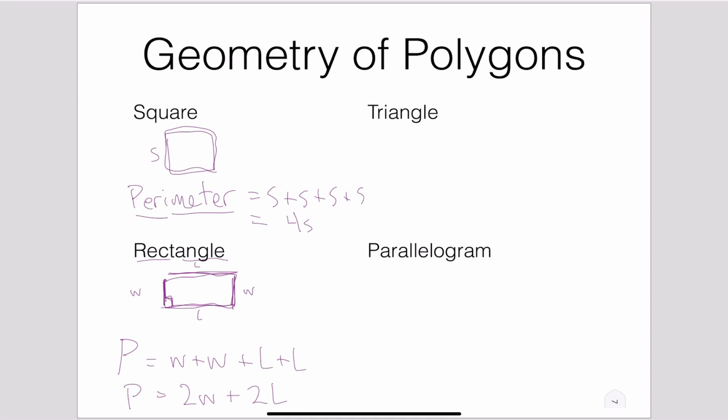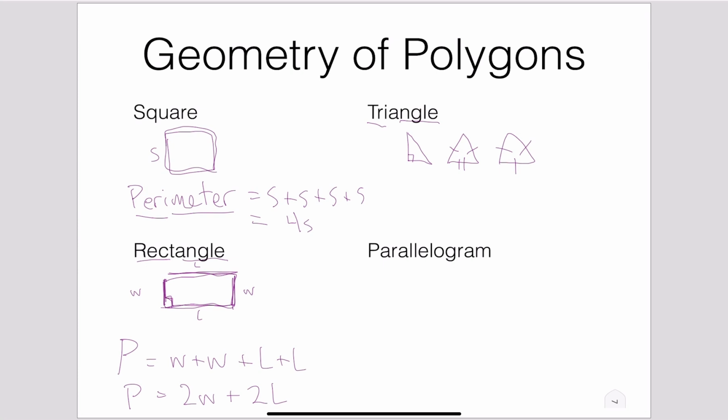Now let's look at triangles. Triangles can come in all sorts of shapes, right? A triangle simply means three sides, right? So it can look like this, where it's a right angle triangle, and they meet at a nice right angle, sort of like part of a rectangle or square. You can also have an isosceles triangle, where two of the sides are the same. Or you can have an equilateral triangle, where all the sides are the same.